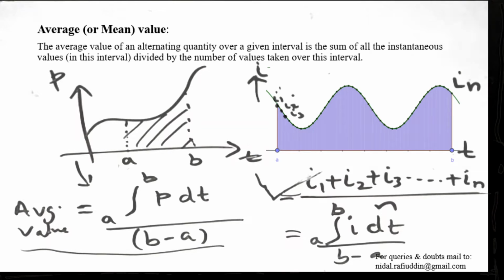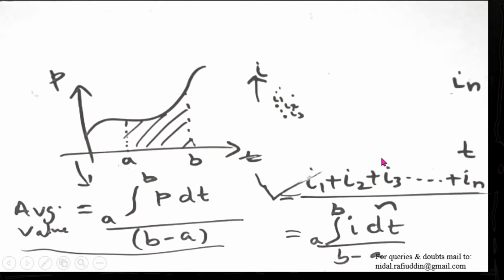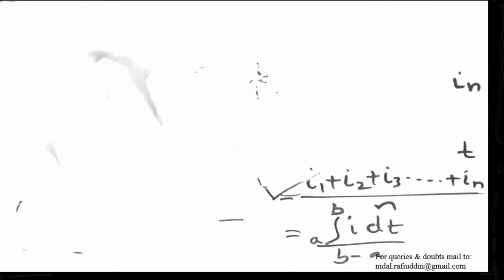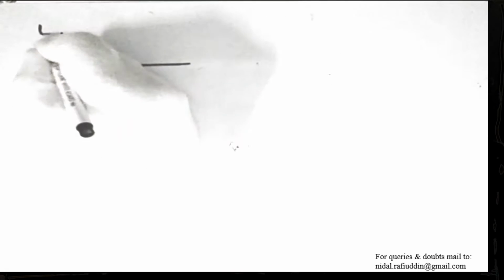So let us consider this with an example. Let's say we are given a sine wave curve of current versus t or omega t, then accordingly you'll be taking the values or the limits.